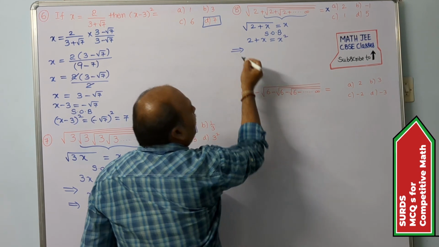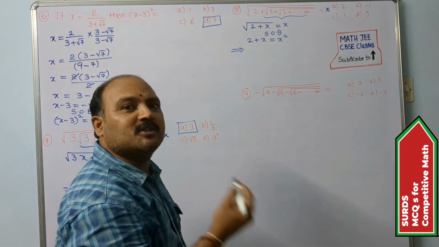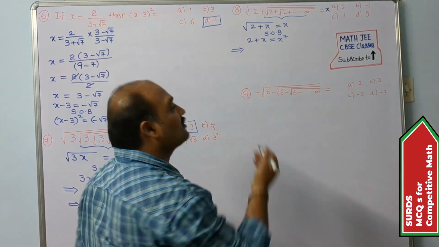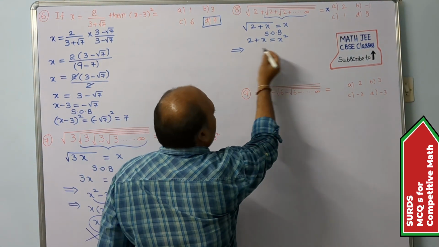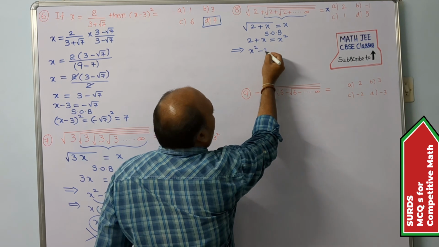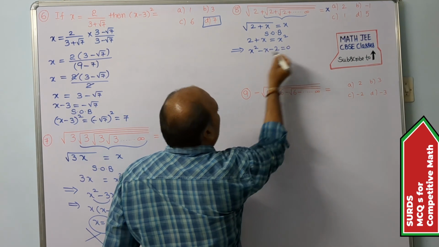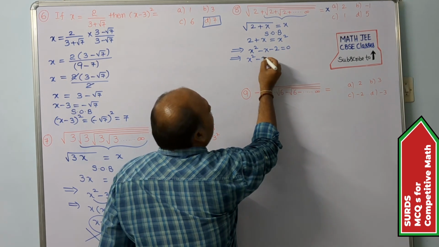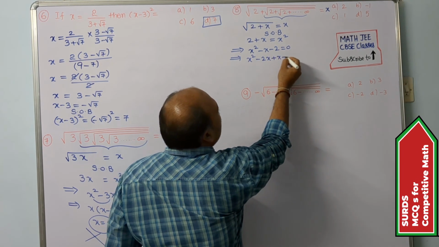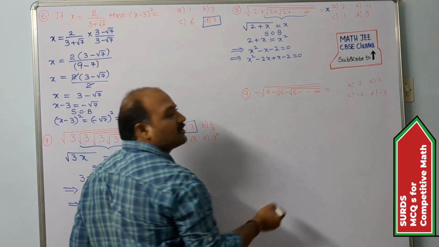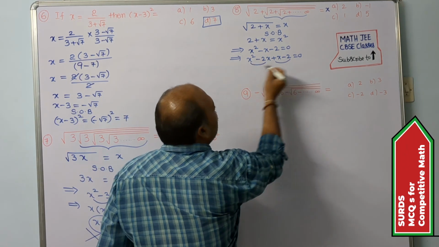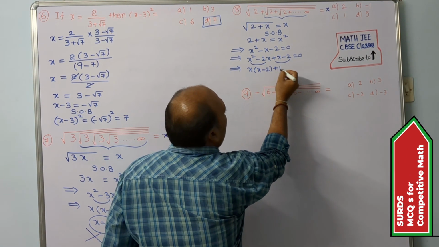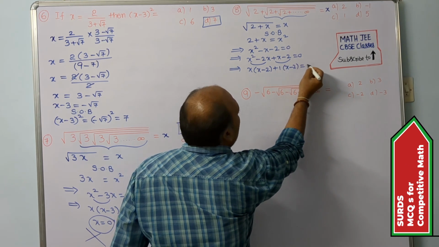So now it becomes a quadratic equation. Now we can solve that either by splitting the middle term or by making a perfect square. It is x square minus x minus 2 equal to 0. Now x square minus 2x plus x minus 2 equal to 0. I am splitting the middle term. From these two you can make it x into (x minus 2) plus 1 into (x minus 2) equal to 0.